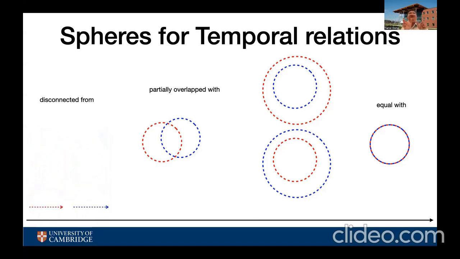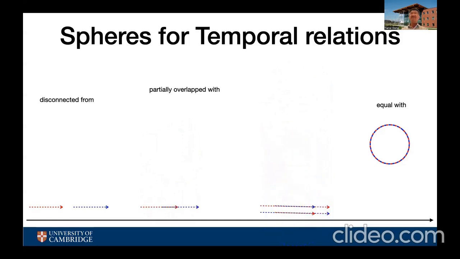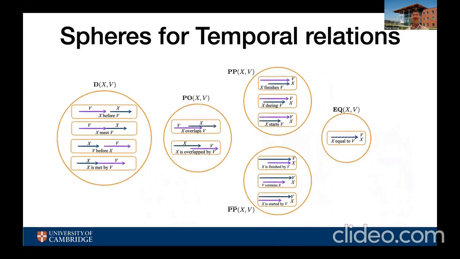Then we add a direction of time, and we do the same. This means temporal relation is a kind of spatial relation on the time axis, and it's more specific because it has orientation.